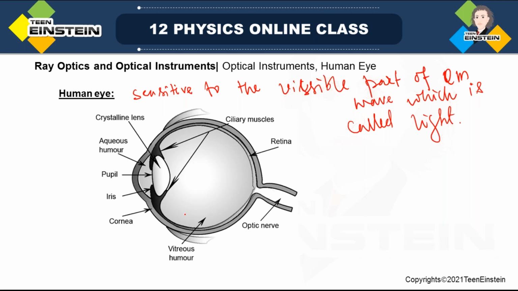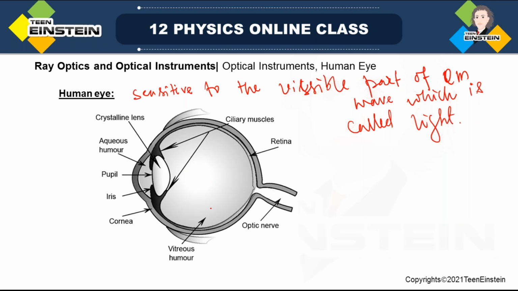A camera has a lens, focusing lenses or a focusing tube, etc. And then it has a film to keep the record of the images formed by the lens. So the human eye is actually a natural camera, and it is dynamic, not static. It gives dynamic images, not still images.